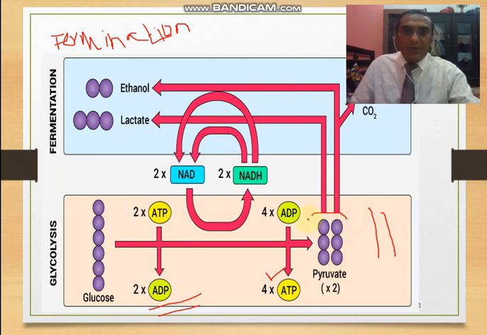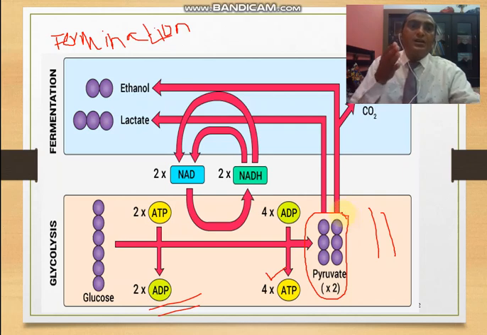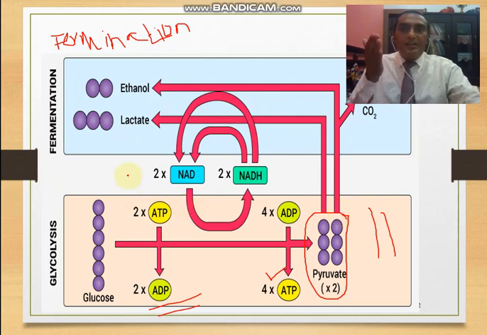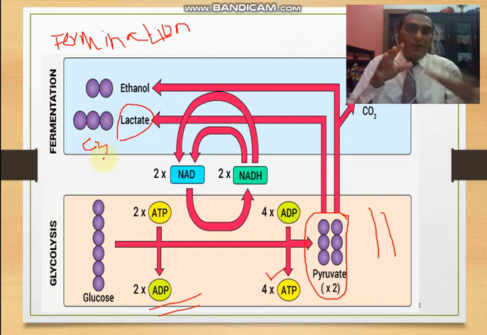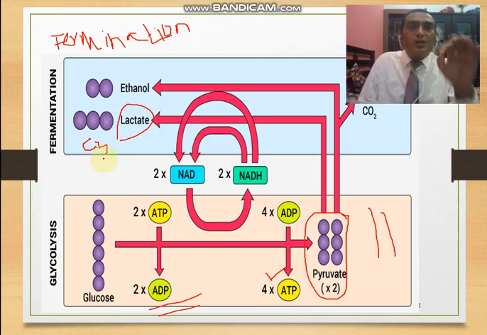This pyruvic acid depends on the organism. If it breaks into lactic acid, lactic acid is a three carbon compound. From lactic acid fermentation, only lactic acid is produced; it does not produce carbon dioxide. It produces a very minute quantity of energy.